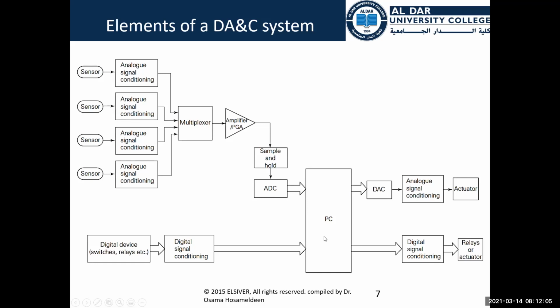What about the digital signal? Can we not get data as a digital signal immediately from the physical world? Yes, we can. We have devices like switches and relays, and we get a digital signal from them. There is no need for an analog to digital converter, no need for sample and hold, no need for other devices. The digital signal is passed directly to the computer.